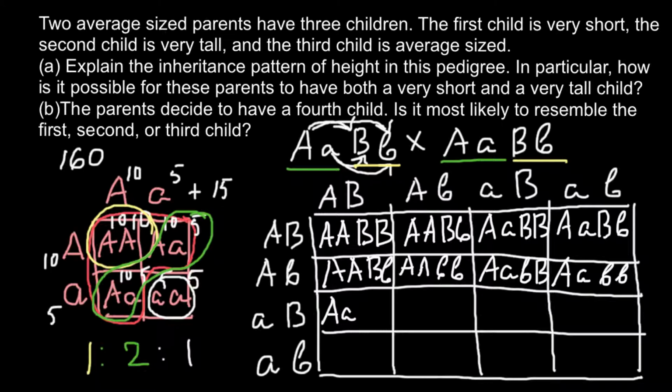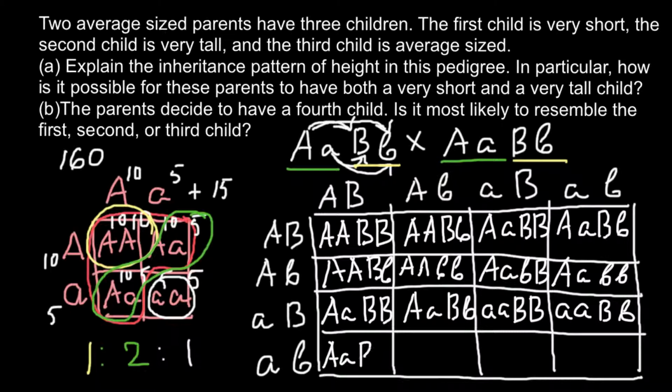So capital A, small a, capital B here; capital A, small a, capital B, and small b here; and small a, capital B here; small a, capital B, small b here; and capital A, small a here, capital B, small b; capital A, small a, and small b, small a; and capital B, small b, and the last variant, small a, and small b, small b.